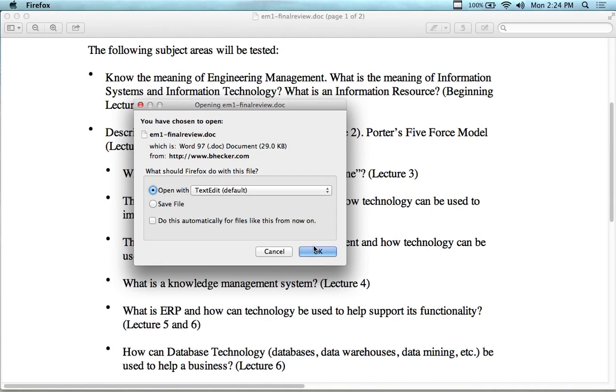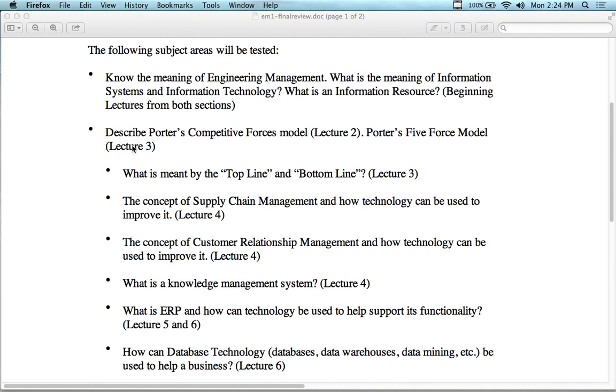Okay. So we have Porter's competitive forces model. A lot of people will say, well, I read about Porter's model and I had all this stuff in my Management 101 course. Does it have to come out of this class? Nope, it doesn't have to. I covered the model, but I didn't cover everything about it. There might be more information that you are personally experienced with, or you might look it up on the internet.